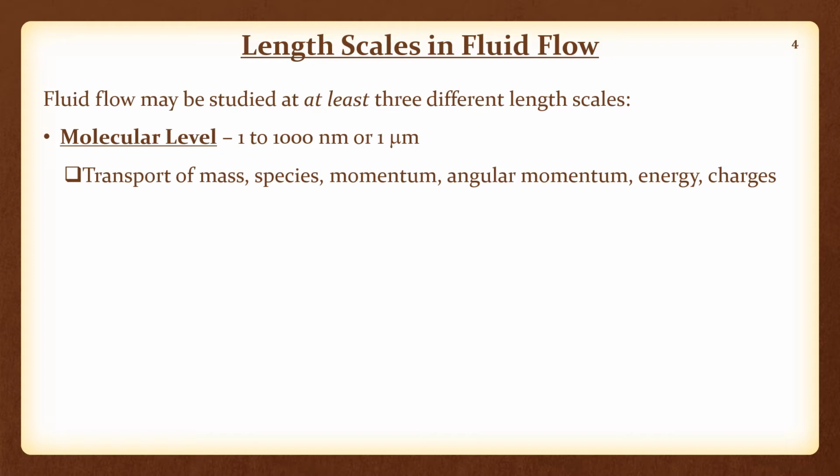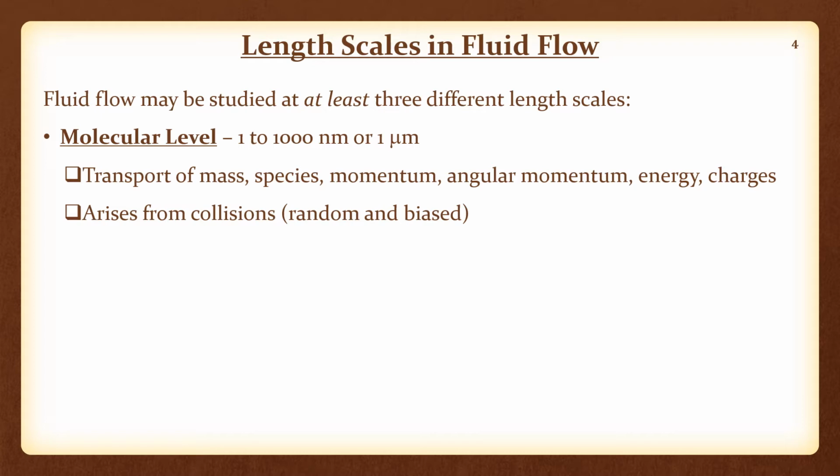Again, in this, transport of mass, species, momentum, that's linear momentum and angular momentum, energy, charges, all of these are studied. At the molecular level, any of these quantities are transferred from one molecule to another molecule by virtue of collisions.